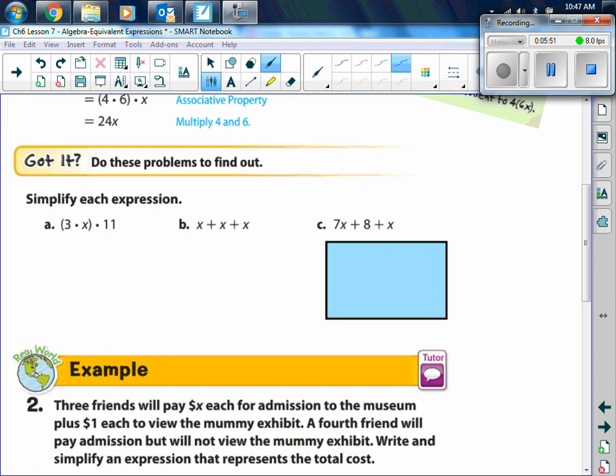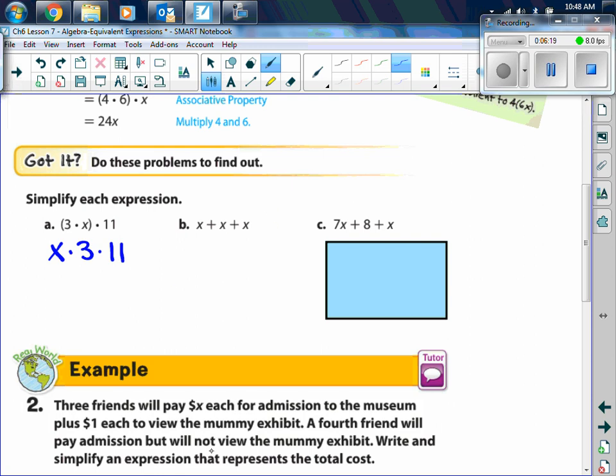What I'm going to do is flip the 3 and the x. What property allows me to flip the 3 and the x? The commutative property of multiplication. So here we're going to have x times 3 times 11.